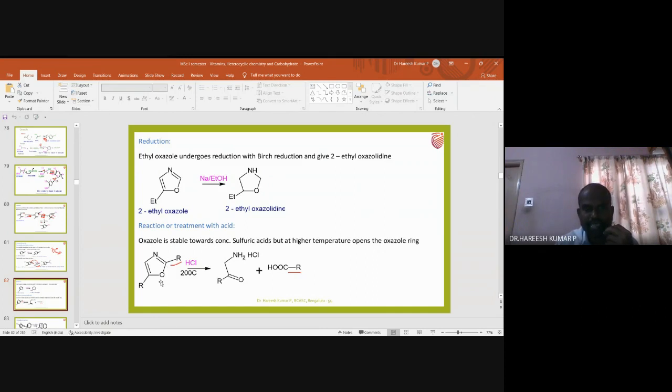So what is happening here? There will be a cleavage. How is the cleavage? So this particular carbon is converted into carboxylic acid, and this oxygen is converted into ketone. This nitrogen is converted into amino. Okay, so there will be a breakage.